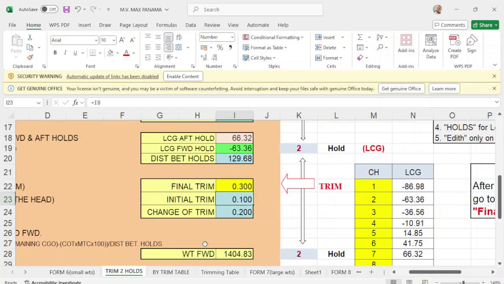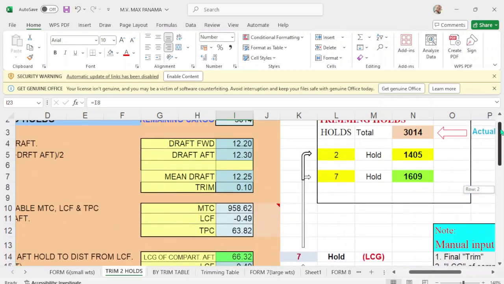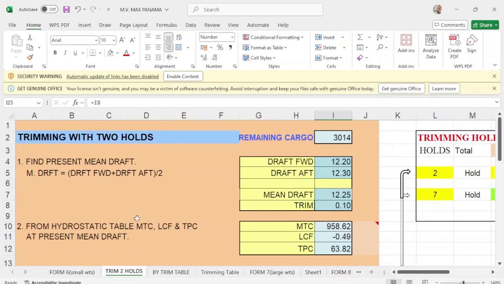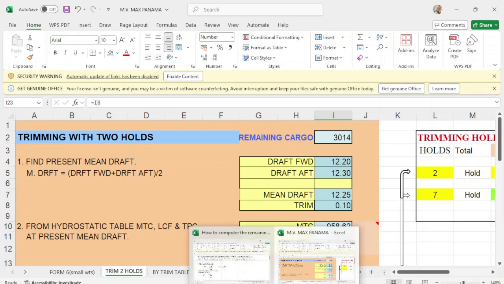Now, we'll first maintain this figure of 3,014 metric tons. I made an Excel of this trimming with 2 holes, so we'll just follow this Excel.